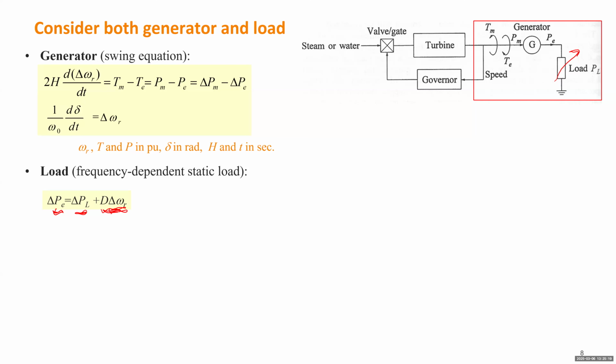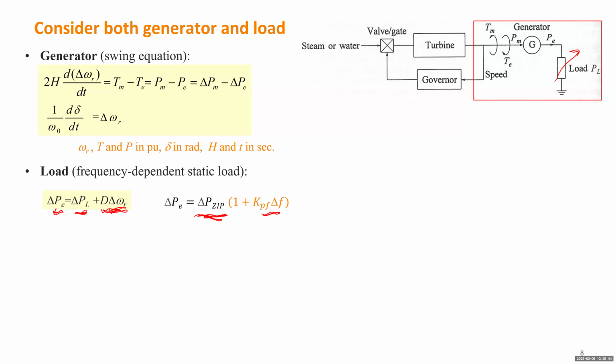Why do we add this item? Because from the load modeling session, we know some loads can be frequency dependent. So it's safer to consider the frequency dependency of the load. This is the frequency independent part, which is, for example, a ZIP load, or can be an exponential load. And it needs to be multiplied by a factor which is near 1.